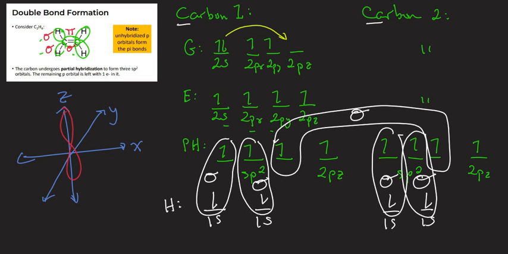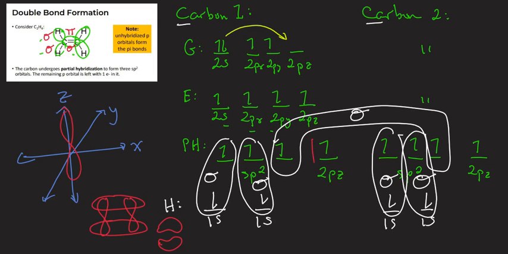This p orbital has to be exactly the same orientation as the other to create that pi bond. It isn't a head-on collision like the sigmas between an sp2 hybridized state and a 1s electron from hydrogen. Instead, they overlap, parallel to each other, creating that typical kidney bean structure that looks roughly like this, creating that pi bond. That's what's happening at the two 2pz orbitals here and here.